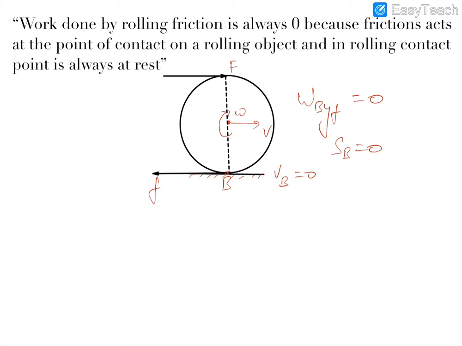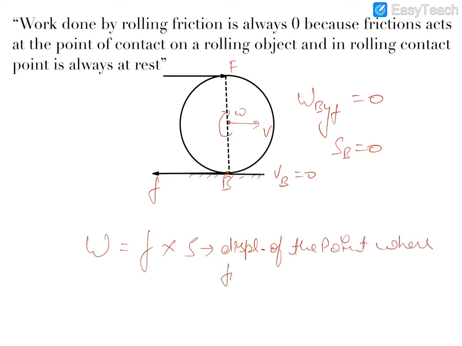So if we find out the work done by friction in this case, then friction is acting on the body at point B, and this point B is always at rest, and therefore its displacement is 0. So if point B has a zero displacement, then the work done by this friction would be zero, because work done is denoted by the formula F into S, where S is the displacement of the point where force F acts.